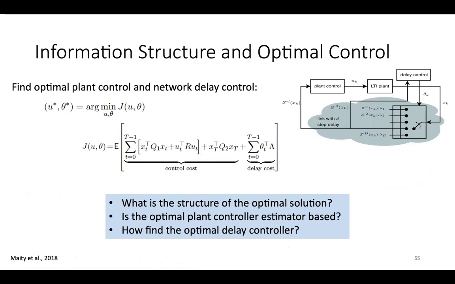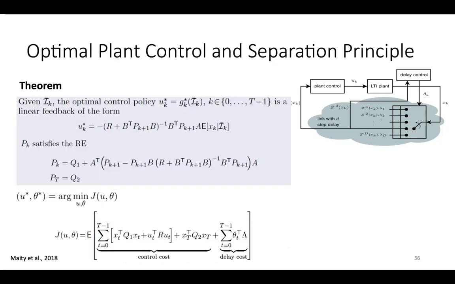So for this networked control system, we wonder: if we have this optimal control and network delay control problem, what can we say about the solution? Does the solution have some interesting structure that we can utilize for deriving the optimal controller, as well as information about how it should be implemented?